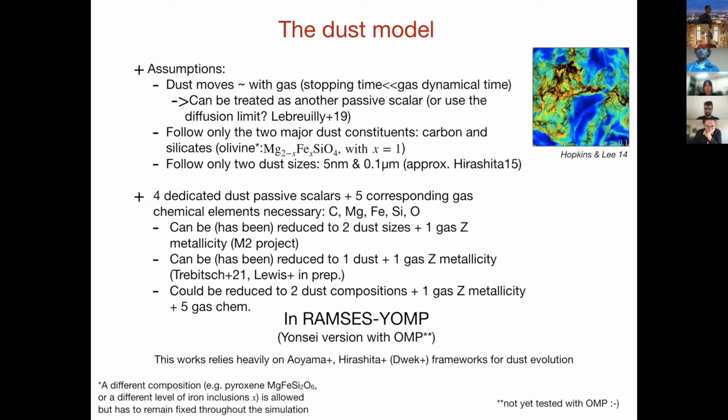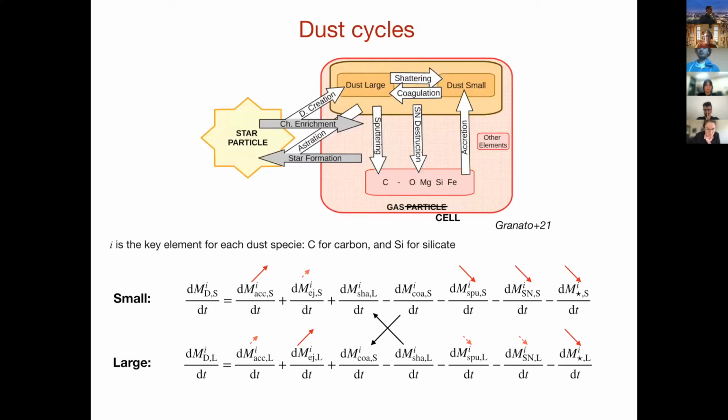This has been included in the Ramses Yonsei OMP version of Ramses, and this has also been tested by reducing a bit the size of the problem, with fewer chemical variations, or with just one grain size, etc. But I will show you the full problem. So the various dust processes are the following. It's well summarized in this little cartoon I took from Granato and collaborators.